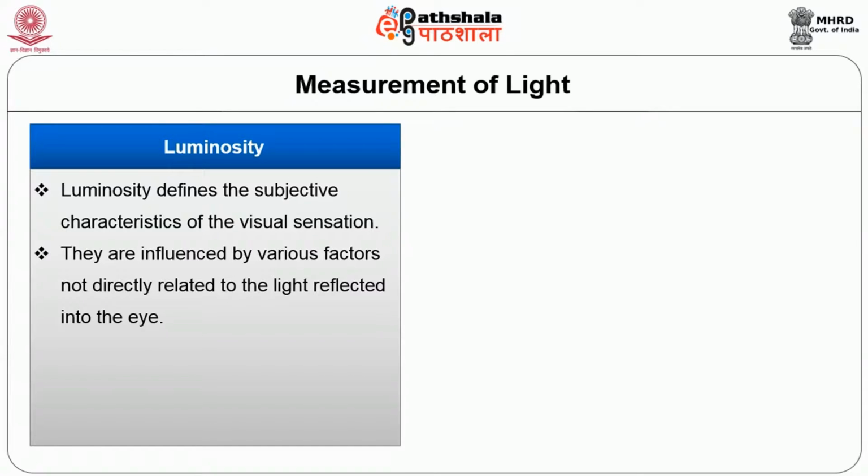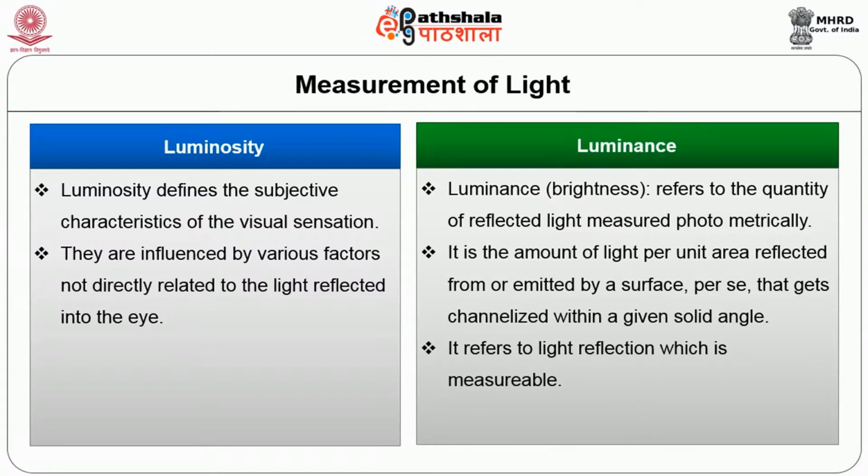They are influenced by various factors not directly related to the light reflected into the eye. Luminance or brightness refers to the quantity of reflected light measured photometrically. It is the amount of light per unit area reflected from or emitted by a surface per se that gets channelized within a given solid angle. It refers to light reflection which is measurable.